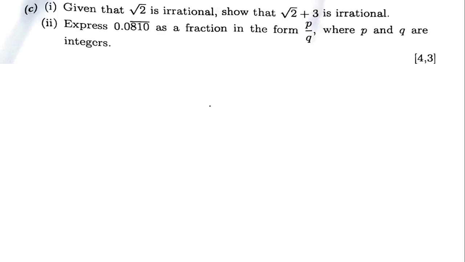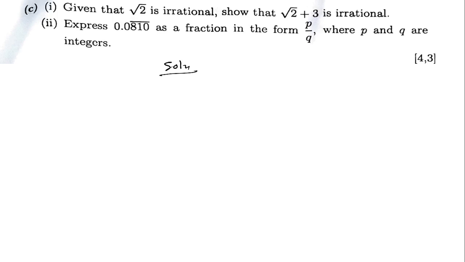So, I'll write my solution once again. The question is, given that square root 2 is irrational, show that square root 2 plus 3 is irrational.